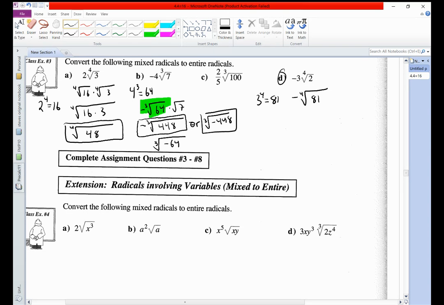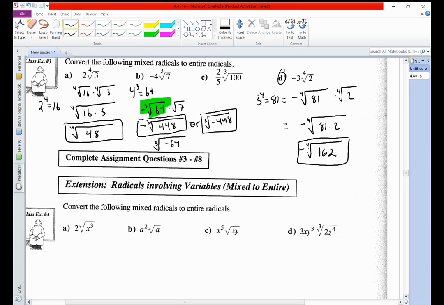We converted that 3 into the fourth root of 81 multiplied by the fourth root of 2. And then you can say negative fourth root of 81 times 2, or to simplify even further, the negative fourth root of 162.